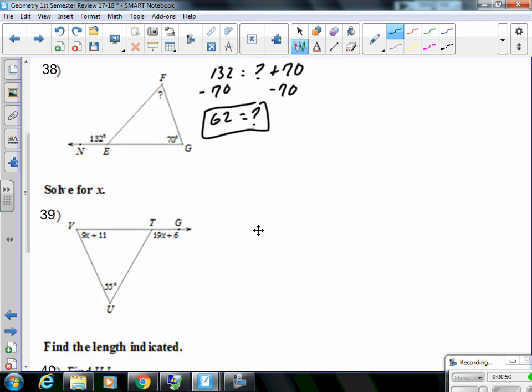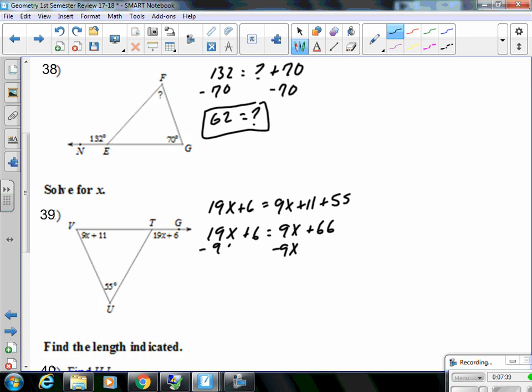All right. 39, same idea, just a little more complicated because they threw some x's in there. And so this 19x plus 6, which is an exterior angle, should be equal to these two non-adjacent interior angles added together. So 19x plus 6 is going to be equal to 9x plus 11 plus 55. 19x plus 6 equals 9x plus 66.